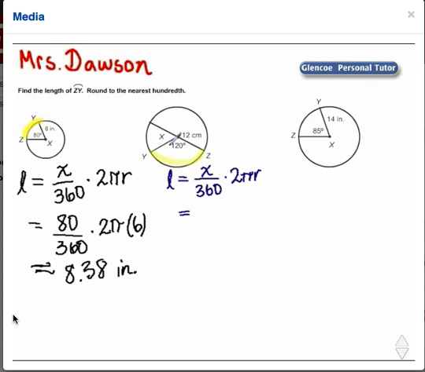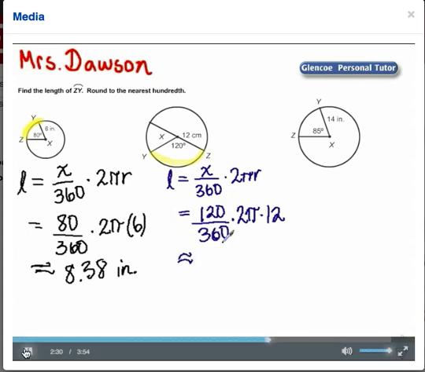The measure of the central angle is 120 degrees, 360 degrees in the entire circle, and we'll multiply by twice pi times the radius, which in this case is 12 centimeters. Since we're asked to round to the nearest hundredth.